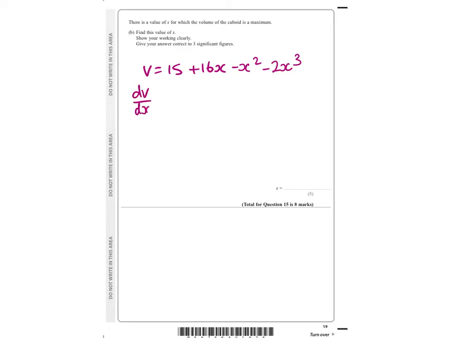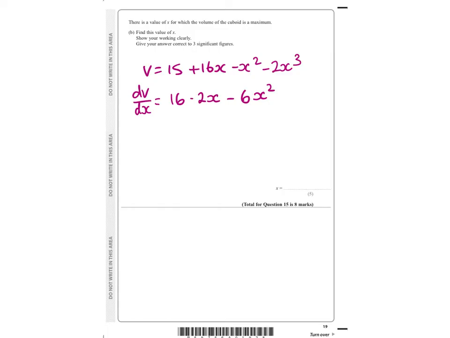So we're going to differentiate dv with respect to x. 15 differentiates to nothing. 16x differentiates to 16. Minus 2x squared, bring the power down. It's minus 2 and decrease the power by 1. And then minus 2x cubed, bring the power down. So minus 2 times 3 is minus 6x, and bring the power down to get squared.